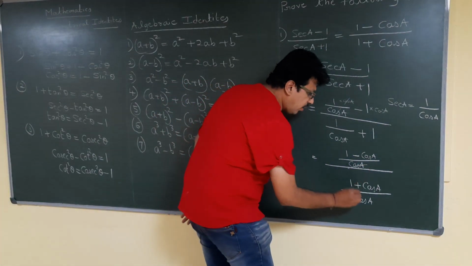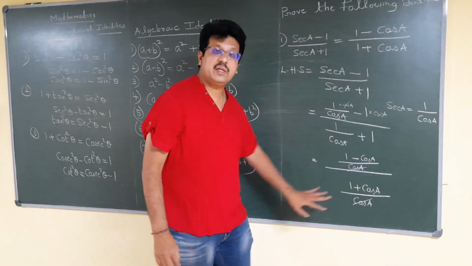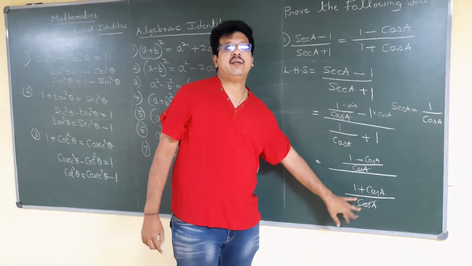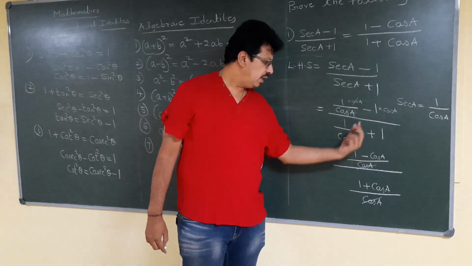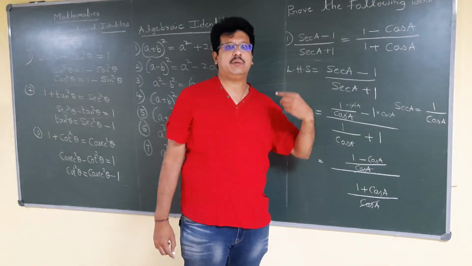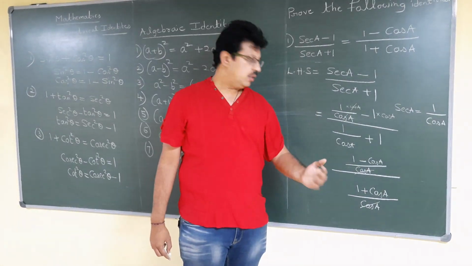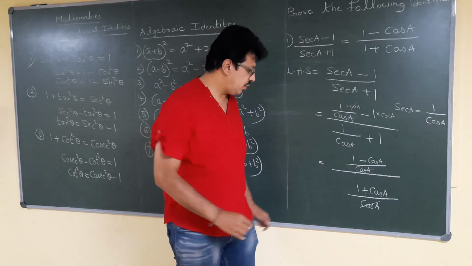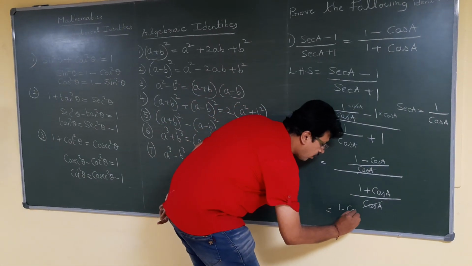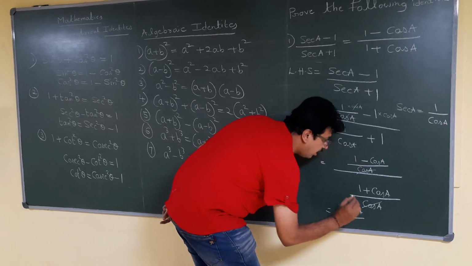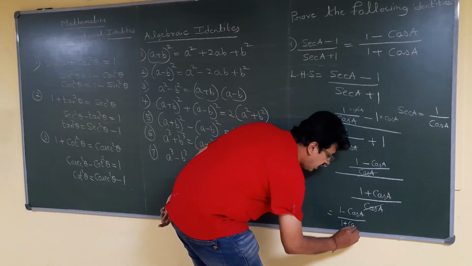So cos A will get cancelled. How does it get cancelled, children? By taking reciprocal. When you take reciprocal, cos A will go to the numerator and 1 plus cos A will come to the denominator. That's the meaning of reciprocal. So cos A will get cancelled, and you are going to get 1 minus cos A by 1 plus cos A.